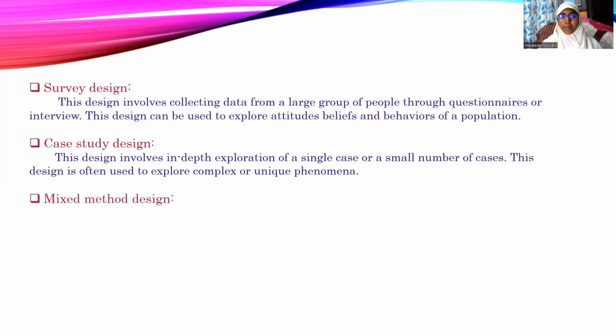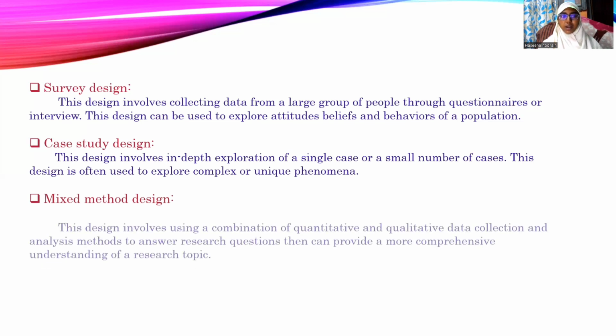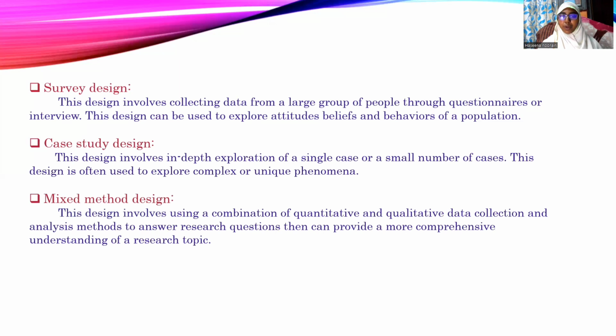The next one is mixed method design. This design includes a combination of quantitative and qualitative data collection to analyze the research questions, and it can also help to provide a comprehensive understanding of a research topic. Quantitative data depends upon the number of people, the amount of population which has been included in the study.